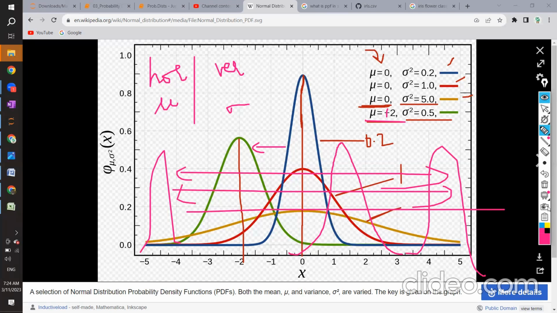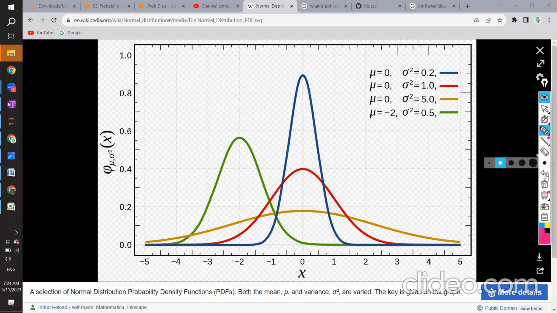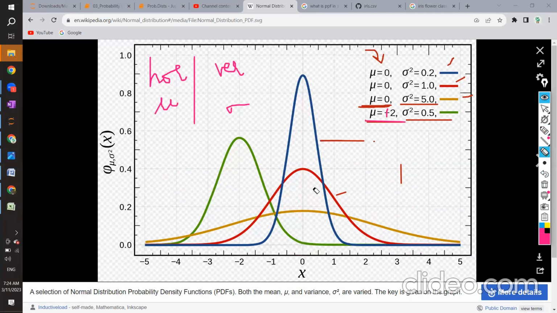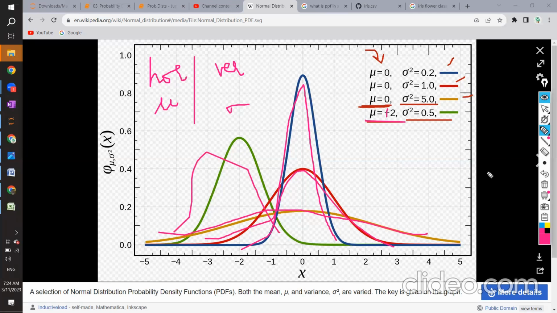Agree? But if you play with the standard deviation, the vertical will be changing. If it is 0.2, for blue it is 0.2, the vertical part changes. If it is 0.5, this much height. For example, if I take a very small value like 0.001, it will be a very thin graph.